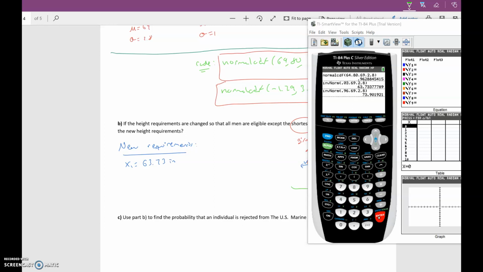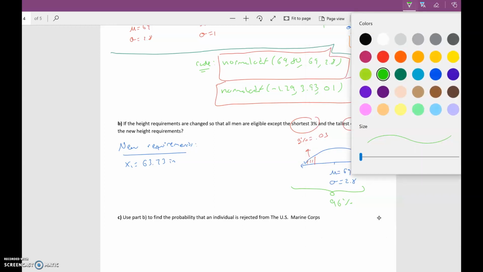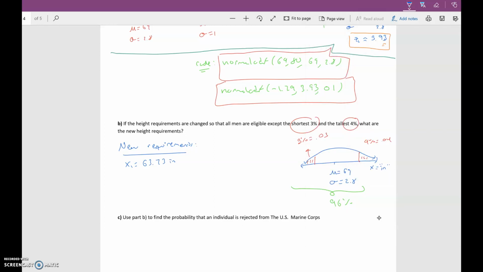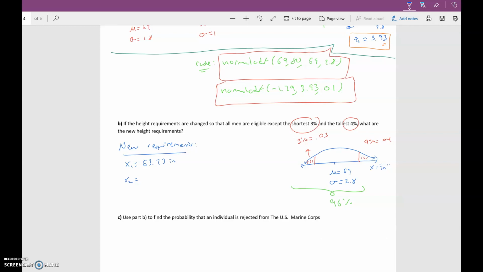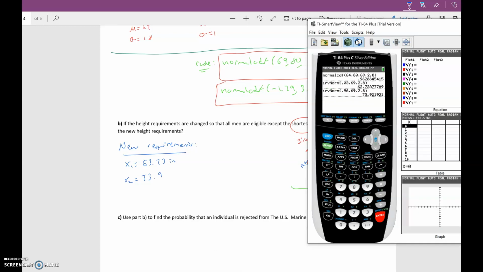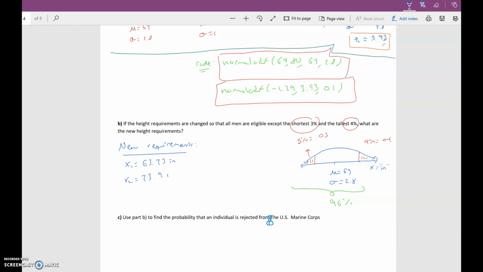So we're getting that the second one, your x2, is equal to 73.9, and we're talking about inches. Those will be the new requirements.